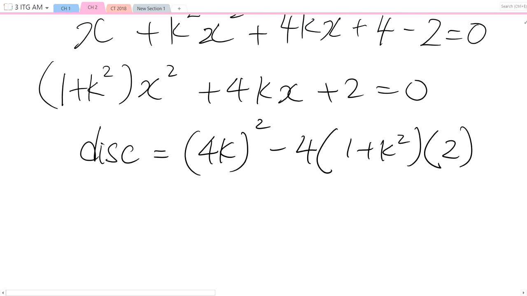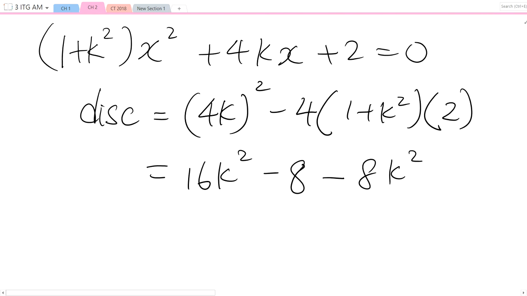Okay, we can work this out. It gives us 16k squared minus 4 minus 4k. Oh wait, I made a mistake. This will be minus 8 minus 8k squared. Am I right? Yes. Okay, so we simplify this to become 8k squared minus 8.